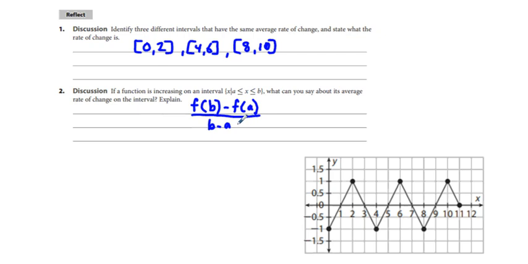What can you say about its average rate of change on the interval? Well, that's essentially using the slope formula to find out what it is. I don't know another way of explaining it here. I'm sure there is. We'll just leave it at that.